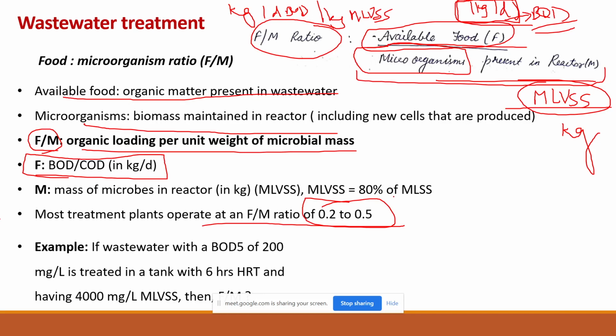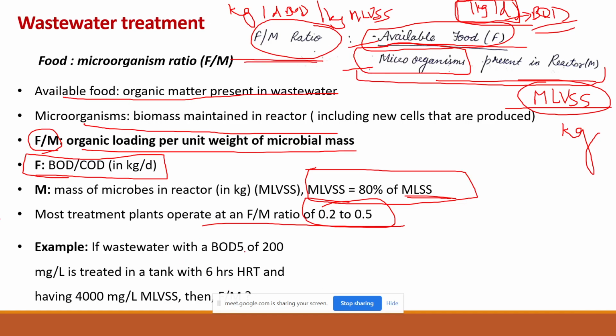So you may be provided with MLSS. You have to remember that MLVSS is 80% of MLSS, right? Again, this is a very straightforward equation. You have to just divide BOD or COD in kg per day by the microbial mass which is present in the reactor. That will give you the F by M ratio.